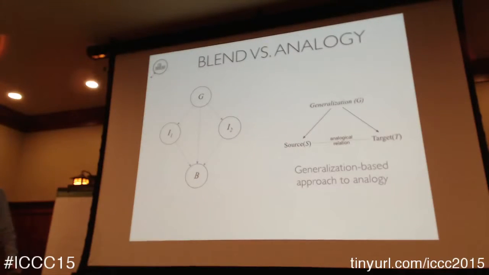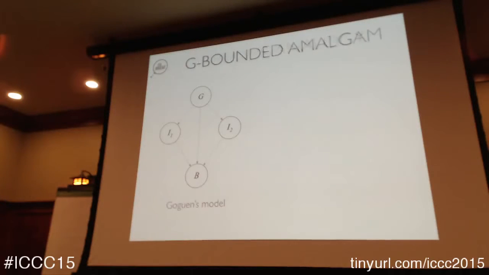In analogy, we have a source and a target, and the idea is that we want to move as much information from source to target, which typically is a poorer theory. The typical example is we know about the solar system, and we want to map information about the solar system into our model of the atom, so we understand better the atom. So how these two are related to each other.